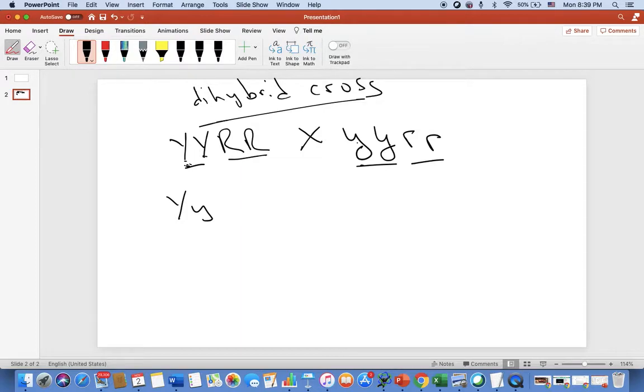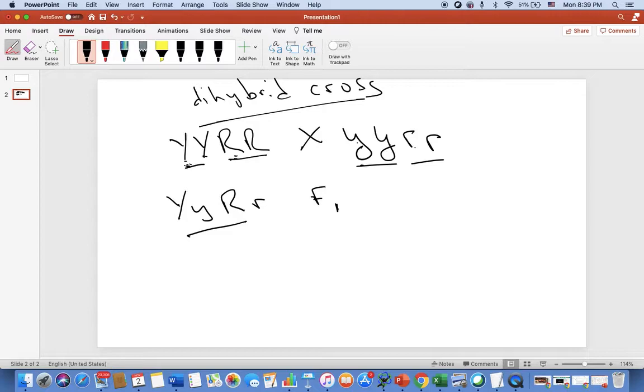Another combination, crossing this yellow with this round, this R here with this allele, will give me this combination. Every other set that I do will give me the exact same combination. So all my F1s, or my first filial generation, will give me this cross.